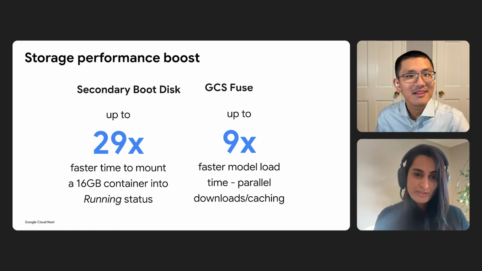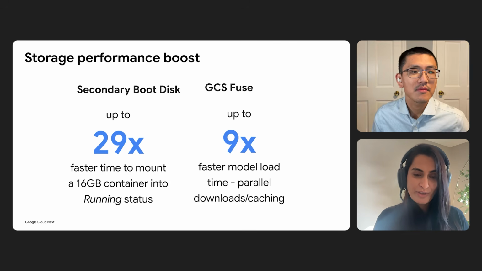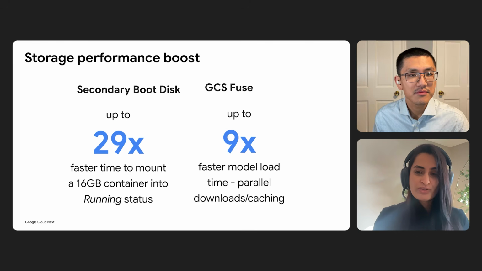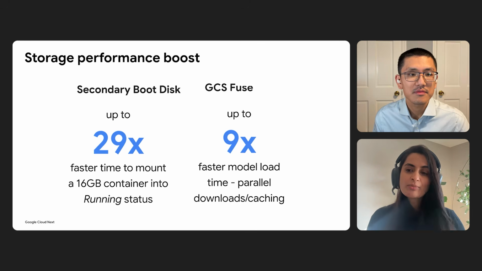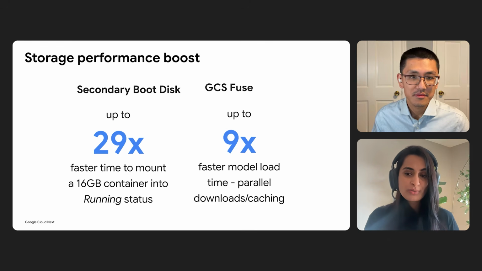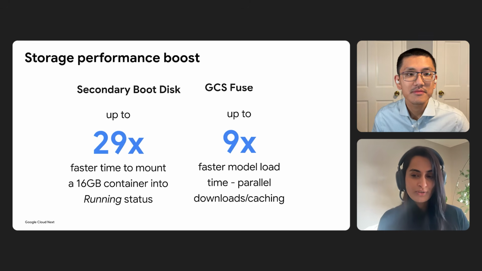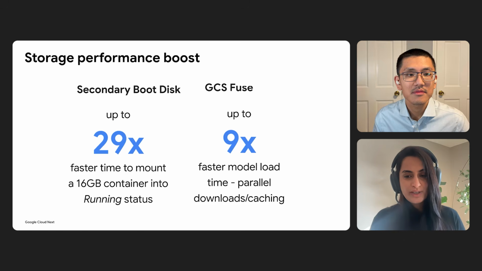And with the infrastructure, the storage optimization also comes along with your TPU power for your AI workloads. Here we are showing you secondary boot disk. It's an additional persistent disk you attach to each node to preload data or container images onto the nodes, significantly improving the speed and efficiency of pod startup.